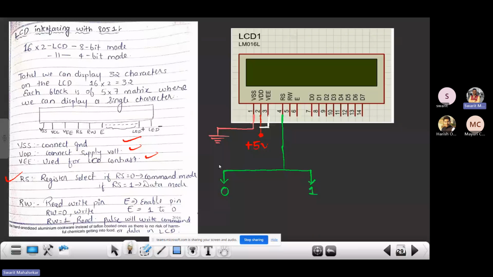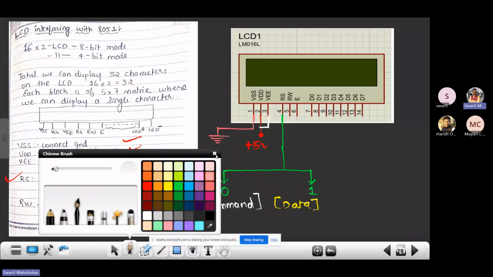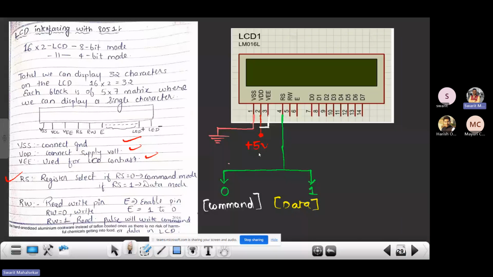So over here I'll send a command if my RS pin is 0, and if it is 1, we will send data through that. And basically, who's going to control this particular pin? This particular pin is controlled by your microcontroller, so we are going to connect it to the microcontroller.